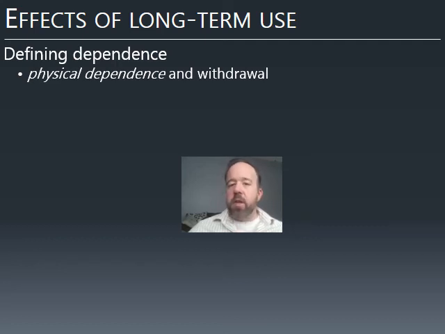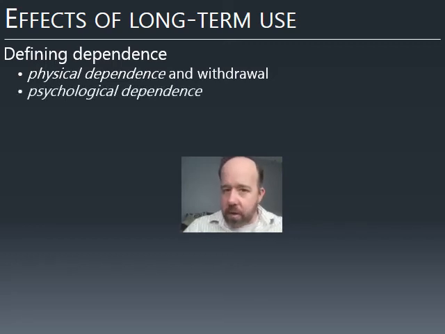But physical dependence is the state under which your body has gotten used to and has started compensating for the presence of the drug. There's also psychological dependence, which is a psychological need or craving for the drug. And this usually means it's hard for the person to stop using it, not because of physical symptoms, but because they simply want to take the drug, or they feel a need to take the drug.